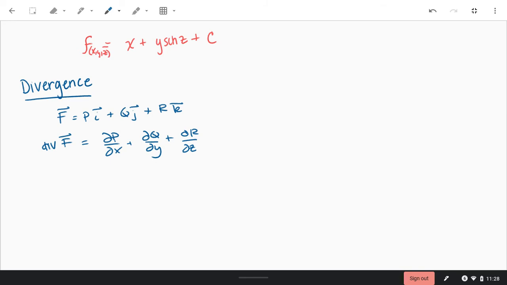We're not keeping them separate as a vector. So remember the gradient would be dP/dx, dQ/dy, dR/dz. So what we're doing here, the divergence is more of a dot product because we're going to add them up. And you're going to get your scalar then.